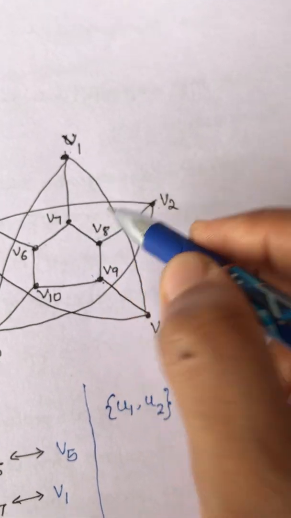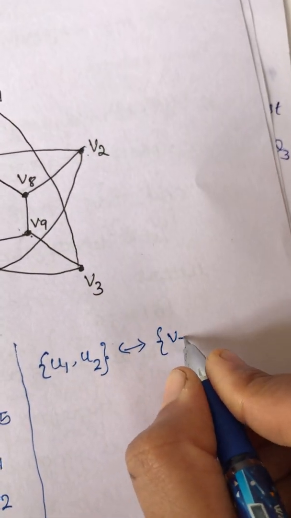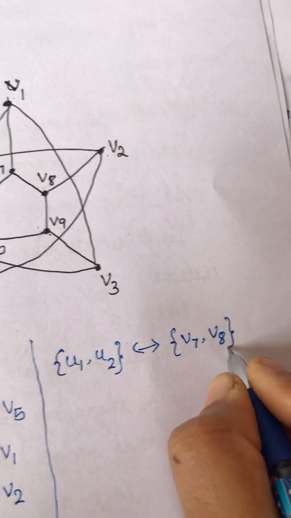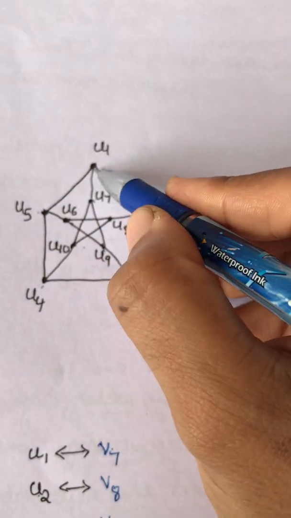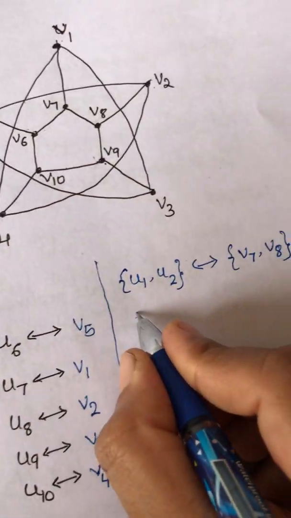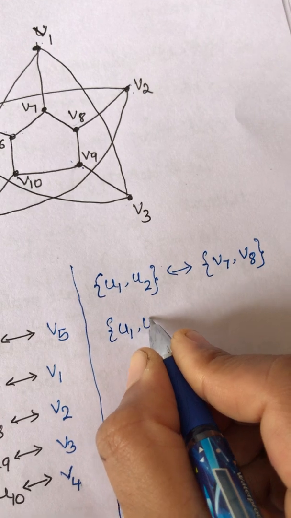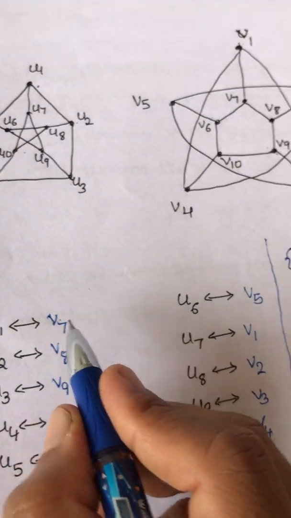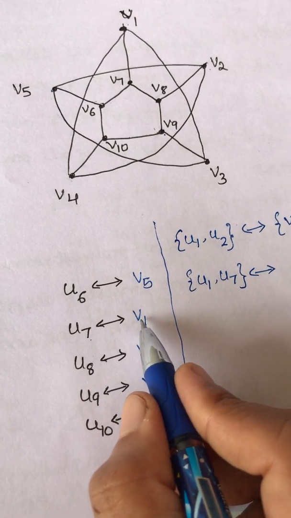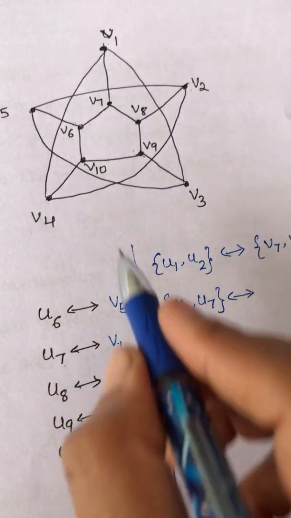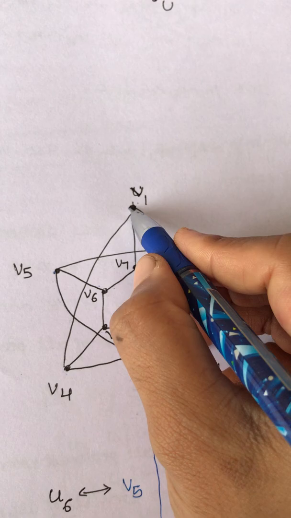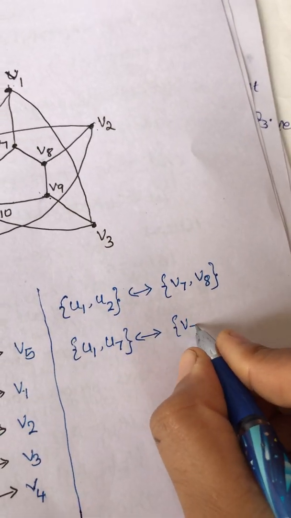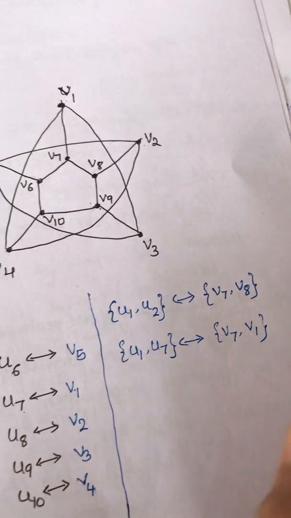Yes, V7, V8. And then, suppose I take U1, U7. U1 is V7, U7 is V1. So V7 V1. Okay, V7 V1.